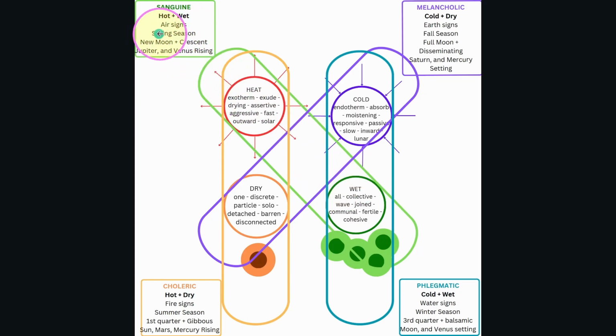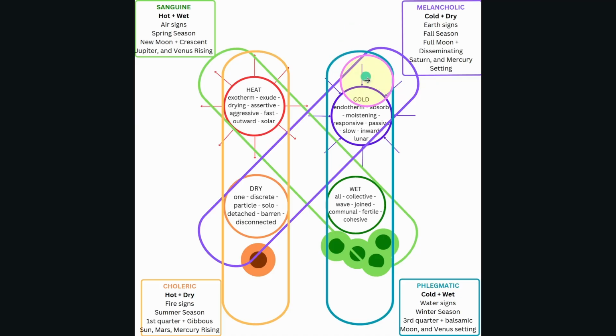We consider it the spring season, something getting started, life getting started. The new moon phase in the first crescent, and Jupiter and Venus rising have this sanguine, hot, wet, fecund, fertile, growing, expansive, something-to-share-with-everybody kind of quality.